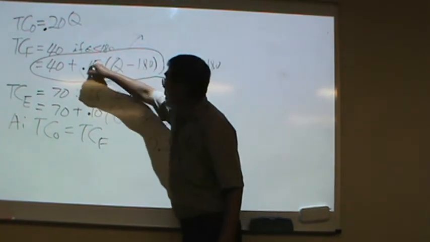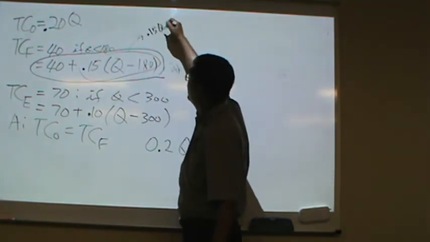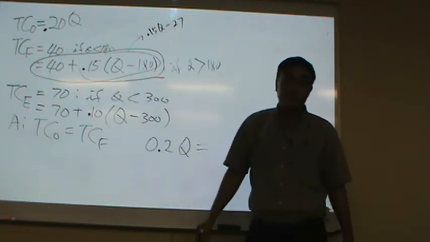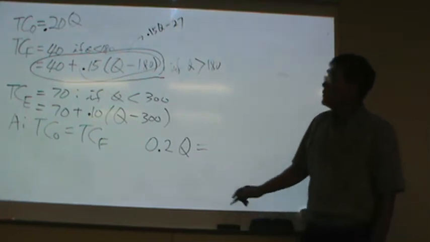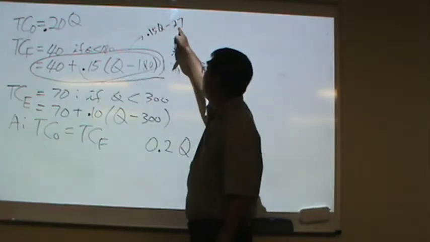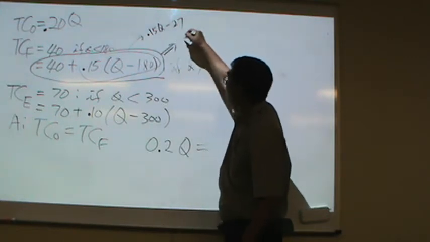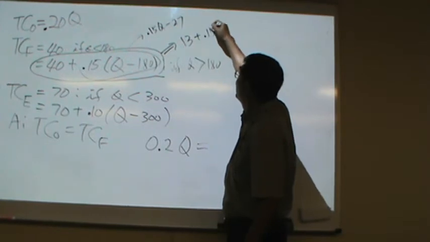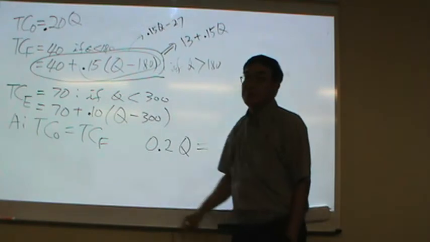So this part is 0.15 Q minus 27, this part. Right? So 40 minus 27 equals 13. So this one itself, 13 plus 0.15 Q.